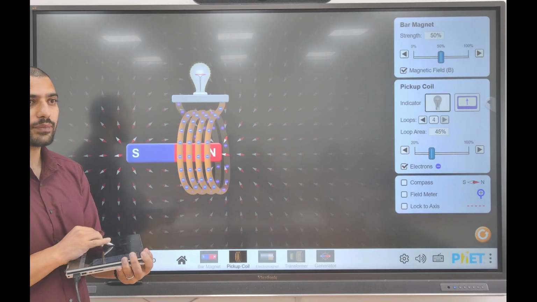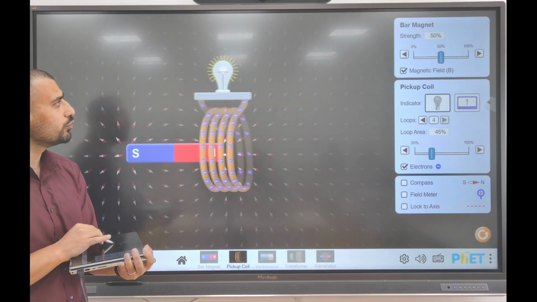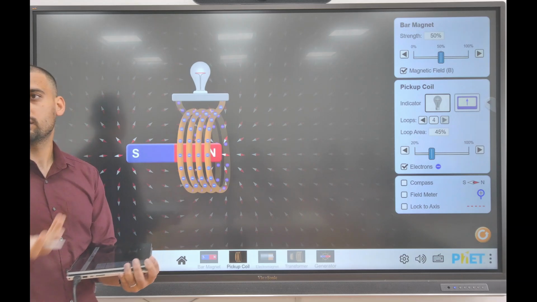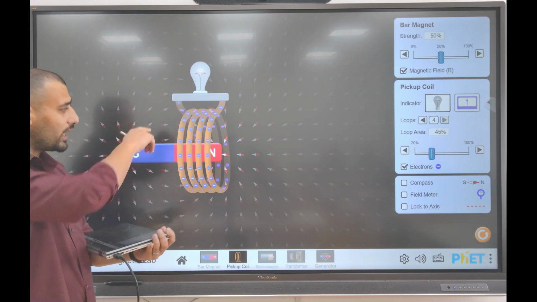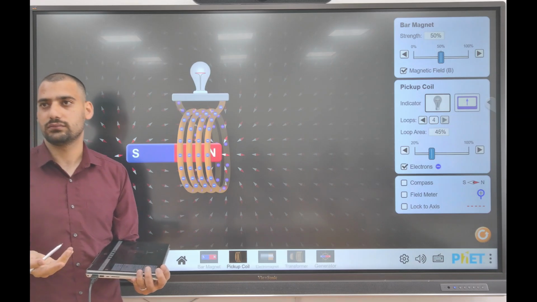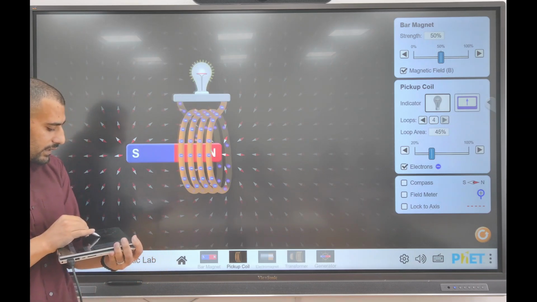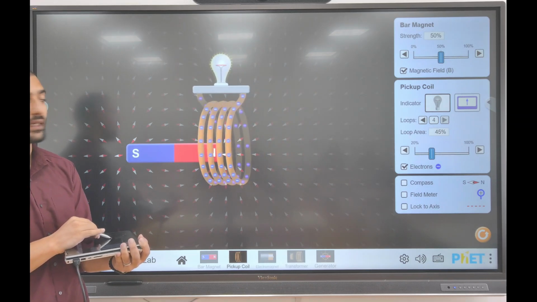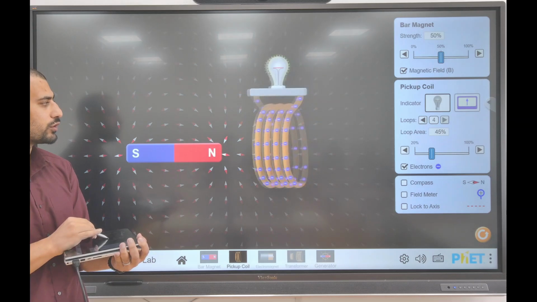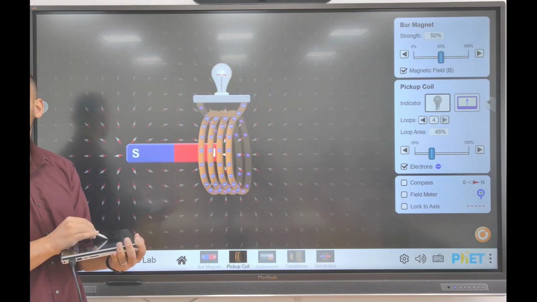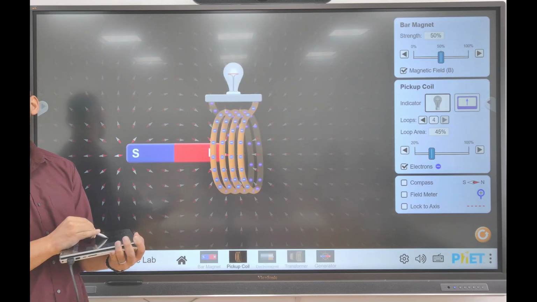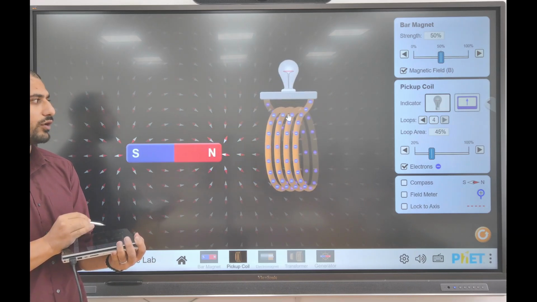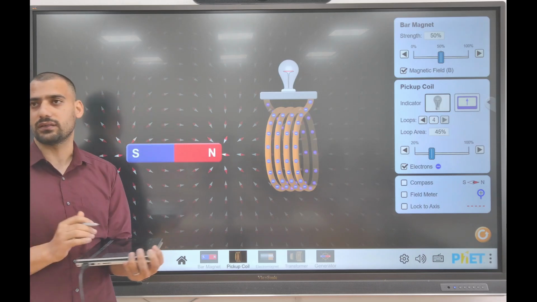Again the same thing is happening. When the coil is being moved, the bulb is glowing again. But when the coil is at rest, there is no glowing. It is only when the coil is taken away or brought closer to the bar magnet, when there is motion of the coil, that the bulb is glowing. When the coil is kept at rest, nothing is happening.